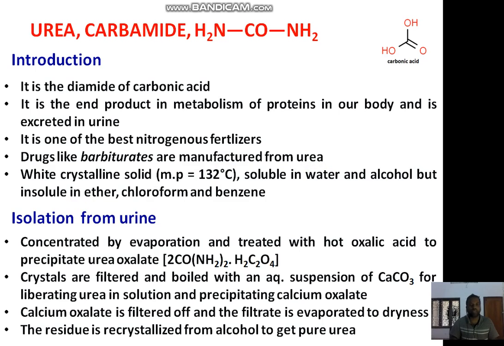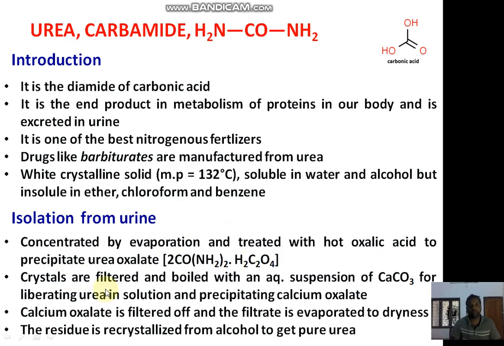To isolate the urea, we have to concentrate the urine sample by evaporation and treat it with hot oxalic acid to precipitate urea oxalate. The moment we add oxalic acid, urea oxalate will be precipitated.